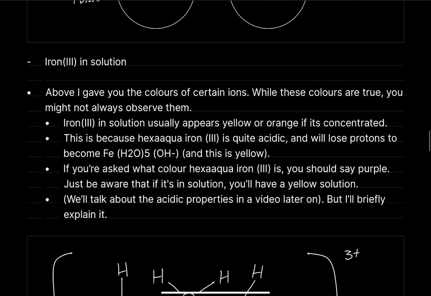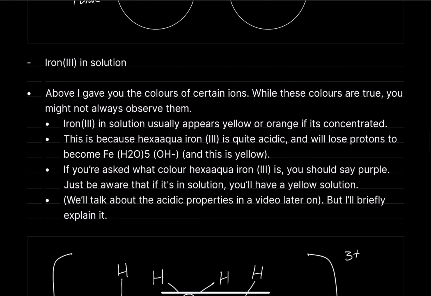So above, as I've shown you, I've given you the colors of certain ions, and while these colors are true, you might not always observe them as the color that you expect to see.